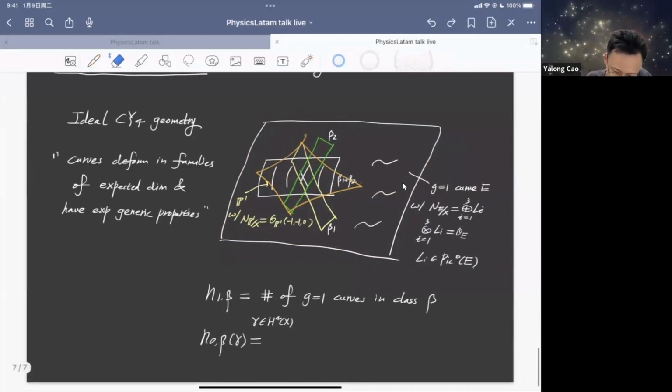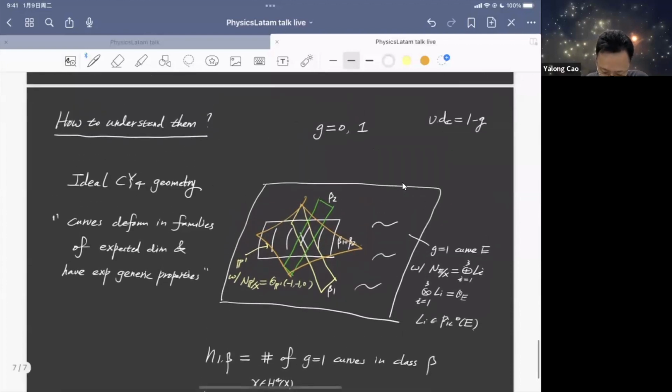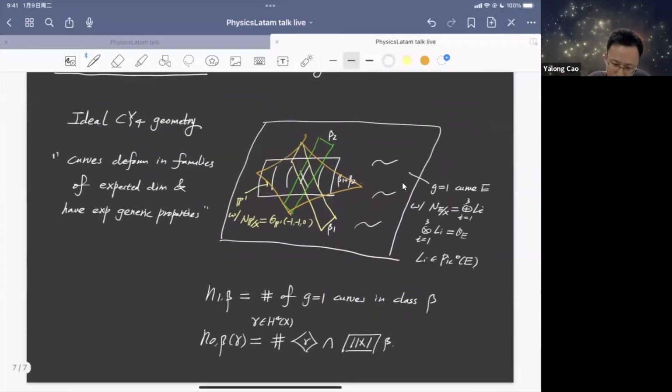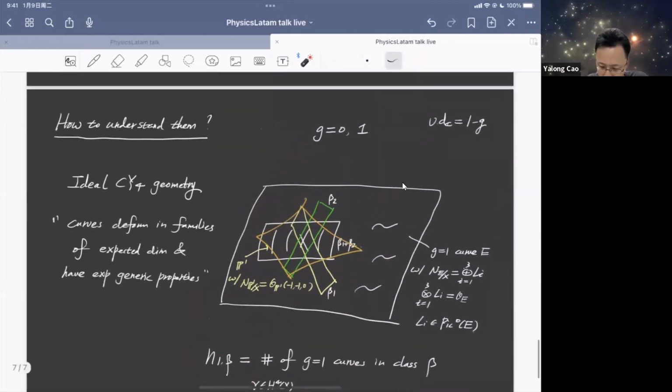And then this is just a count of the intersection of this 4-cycle gamma with the rational curve family in class beta inside the Calabi-Yau. Okay. So now in this ideal geometry, genus 0 and genus 1 curves are very intuitive.